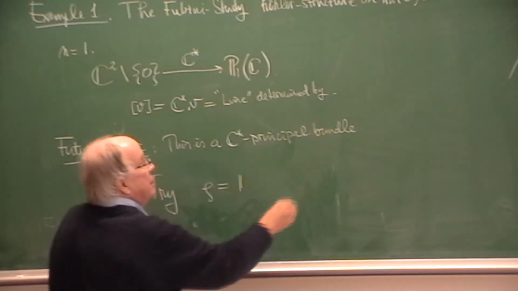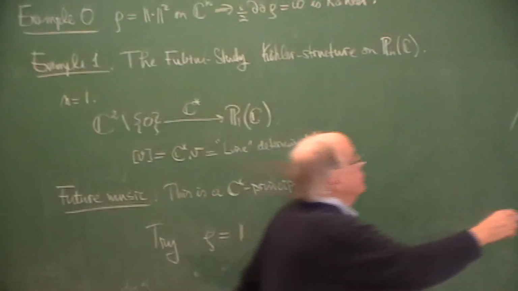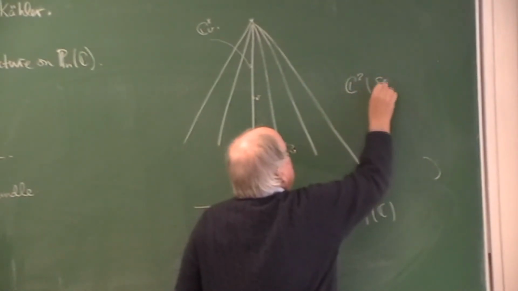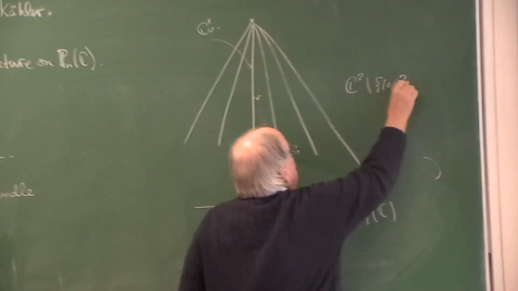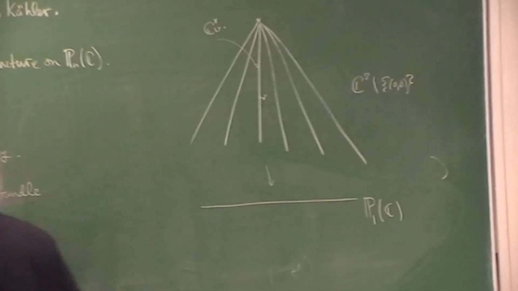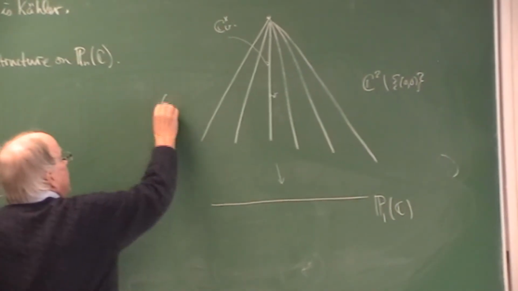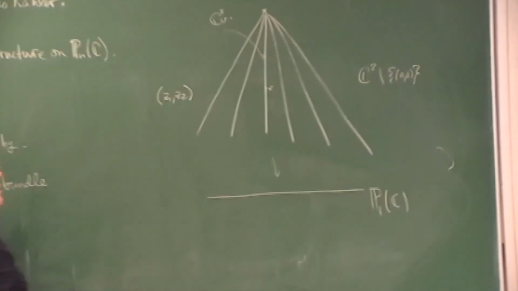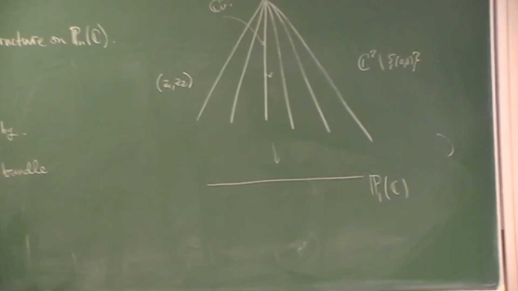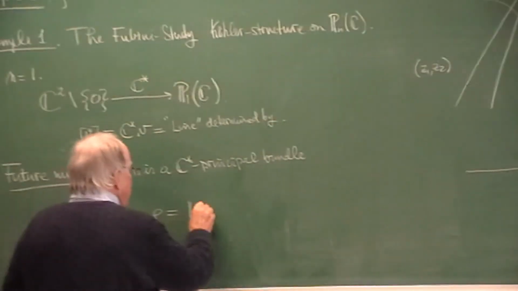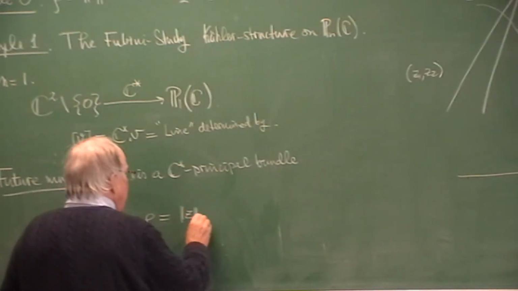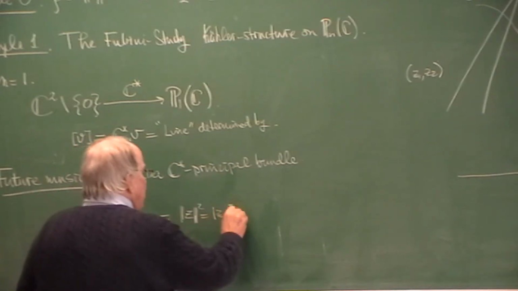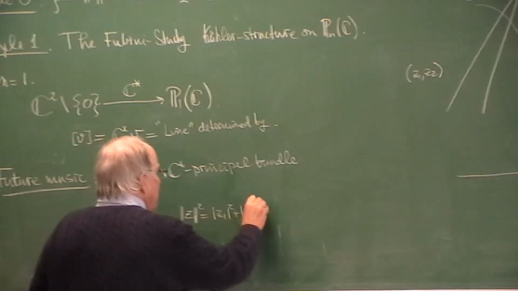This is P1, so this is C2 minus 0, and the coordinates here are Z1, Z2. Let's try pushing down the norm squared of Z, which is the norm of Z1 squared plus the norm of Z2 squared.